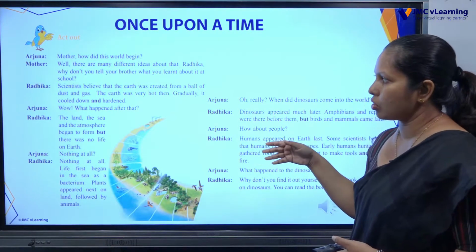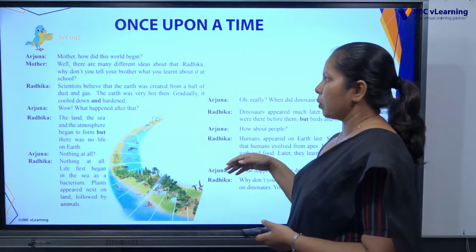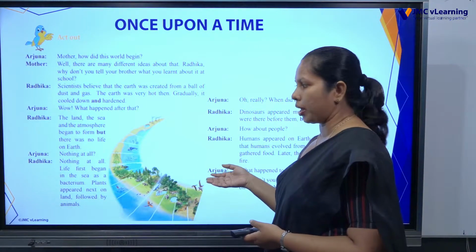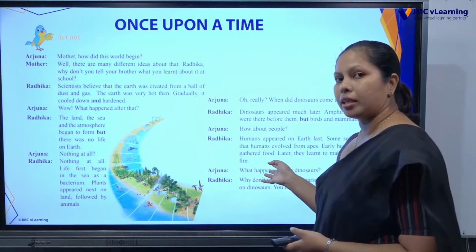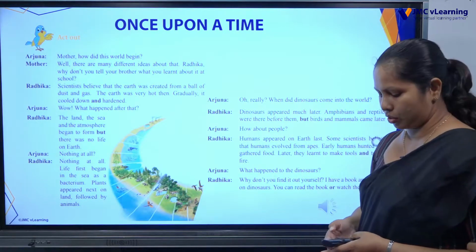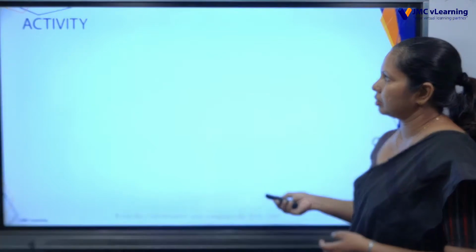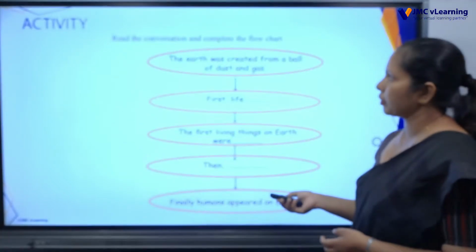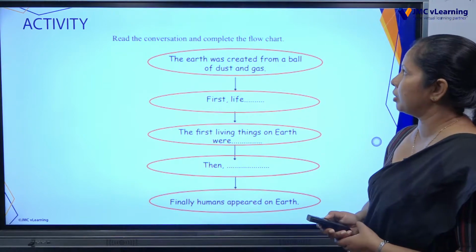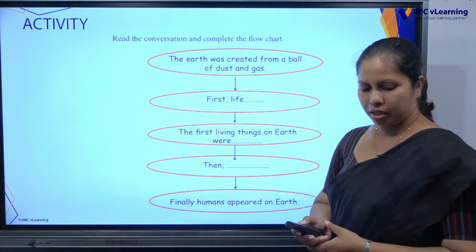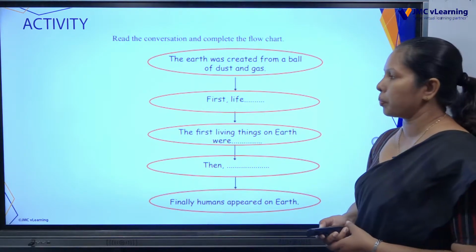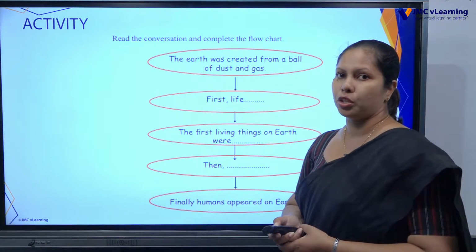So Radhika was explaining one by one what came first, then after that what, the order, and then she spoke about dinosaurs too. So we will see the activity based on this role play. Read the conversation and complete the flow chart. You will get this exercise on page number 52 in your pupil's book.